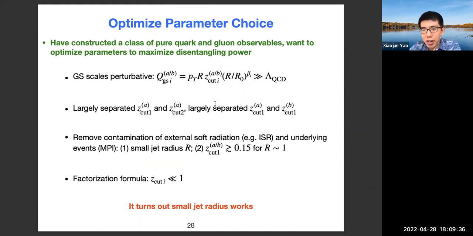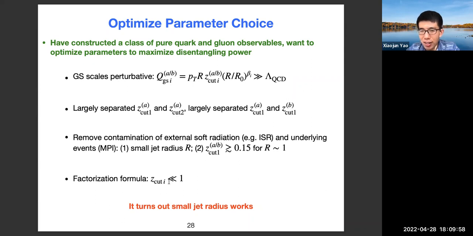The problem here is that if we want the constructed observable to work, we need the Z cut 1 and Z cut 2 to be largely separated. And that is a constraint. If you choose Z cut 1 to be 0.15, the other one probably needs to be 0.5 to make it work.